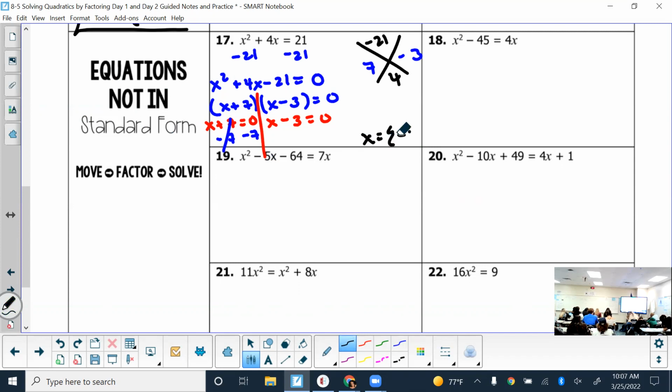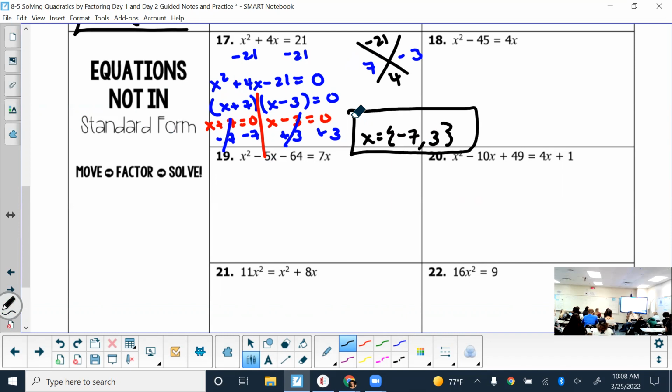Negative 7. In the other one, how do you get the x by itself? Add 3 to both sides. And then 0 plus 3 is 3, so then x equals negative 7 and a positive 3. Good on that one?